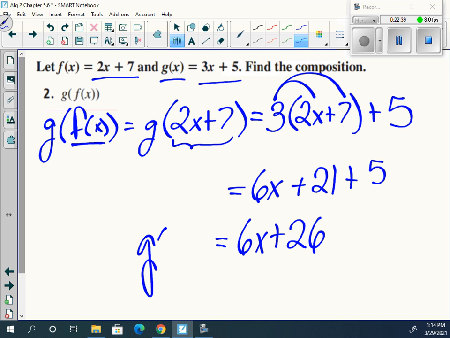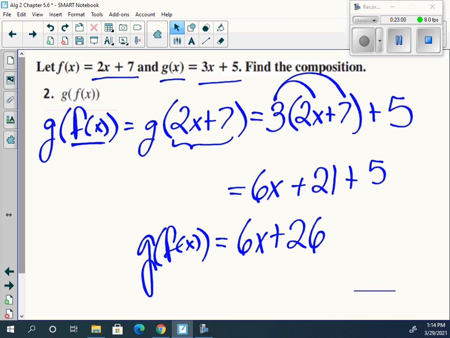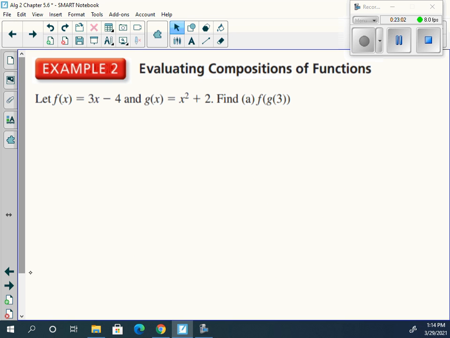So g of f of x is 6x plus 26. So any questions on this here? Okay.